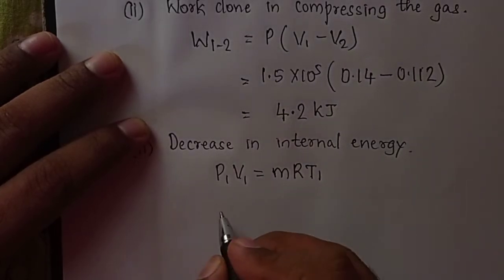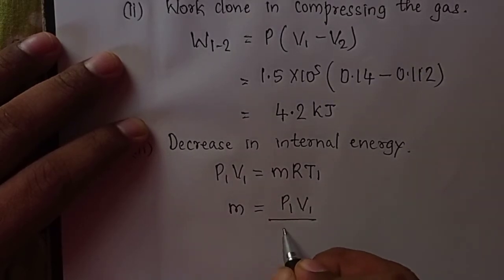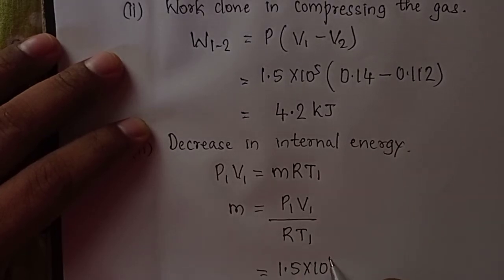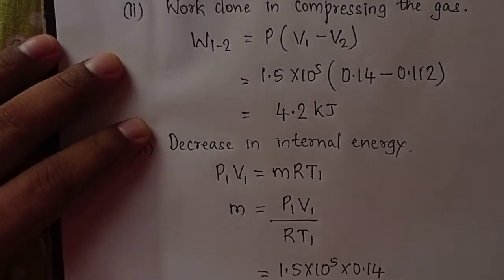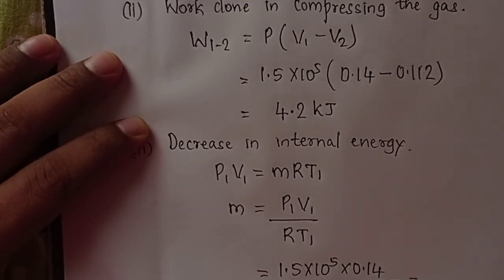So from this, find out the value of M. So M will be equal to P1 V1 by R T1. So P1 is 1.5 into 10 to the power 5 into V1 is 0.14 divided by R is given, that is 285 into T is 373. So you'll get the value of M.